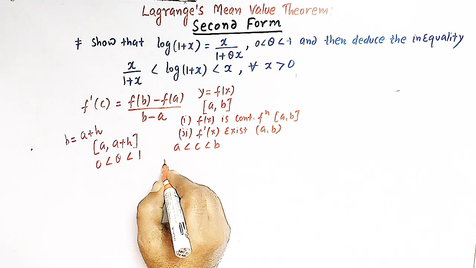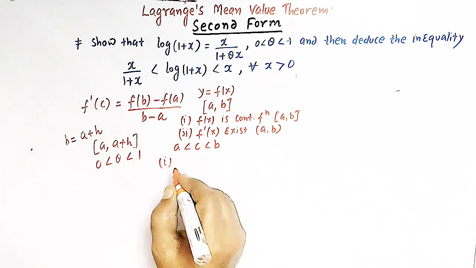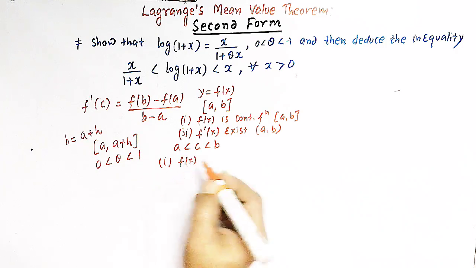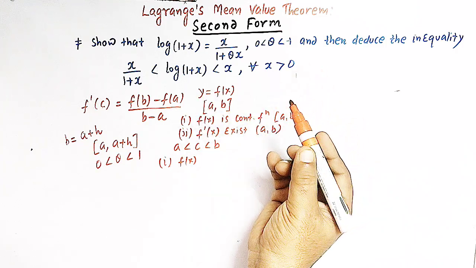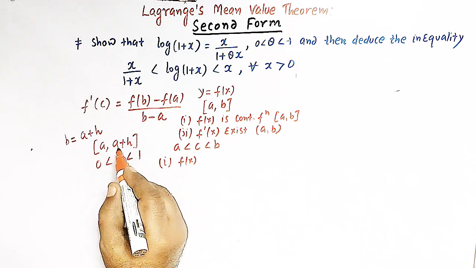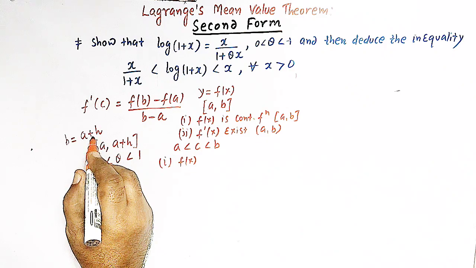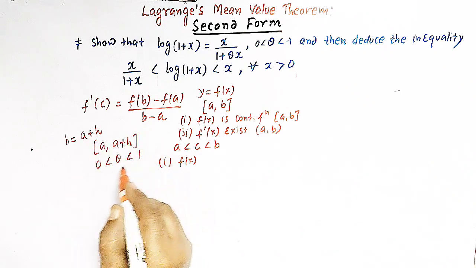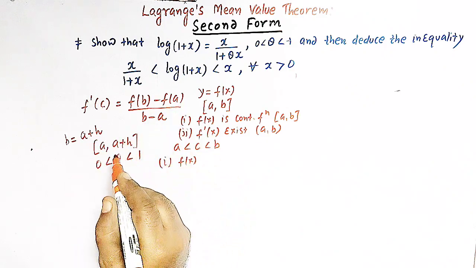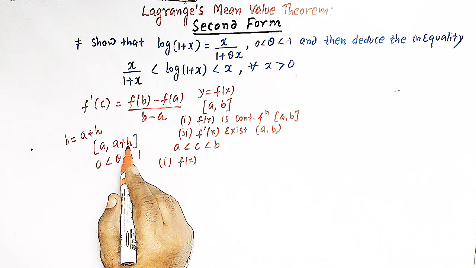So now the Lagrange's mean value theorem says that a function f of x is defined in some domain, and if we take this interval, that is a comma a plus h, where b is equal to a plus h. Right? So now we'll express Lagrange's mean value theorem in terms of theta and h.